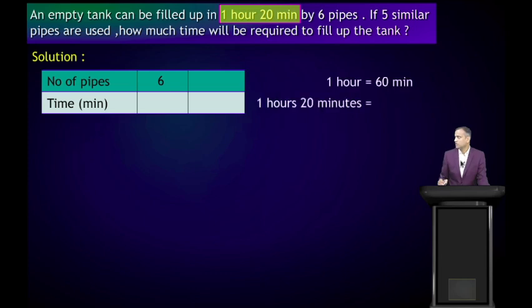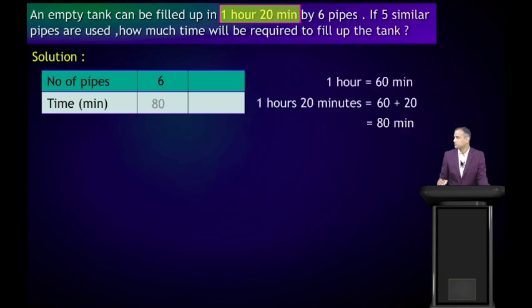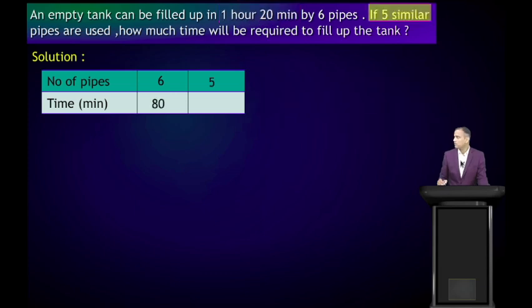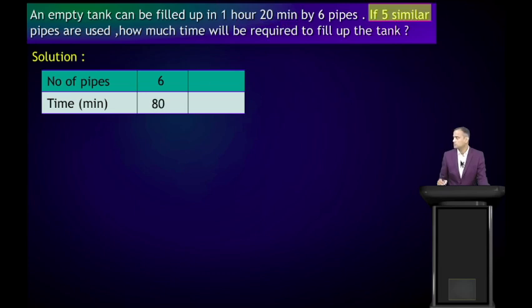We know that 1 hour equals 60 minutes, so it is 60 plus 20, which means 80 minutes. Now 5 similar pipes are used, so the number of pipes is 5, but the time is not given, so we will take it as x.